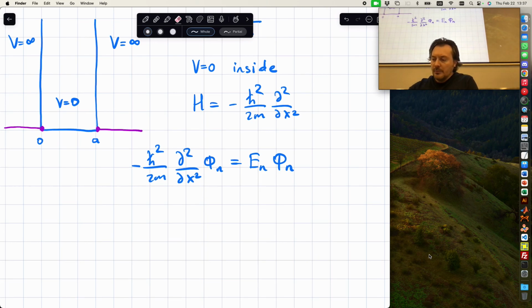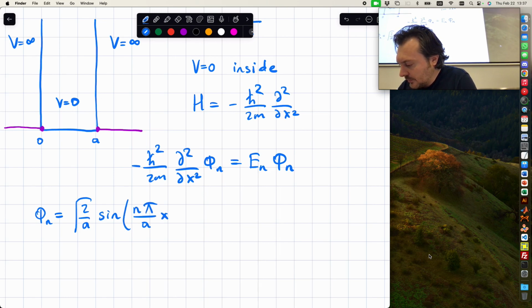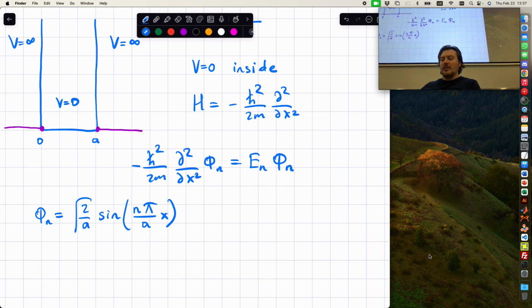If you do the proper algebra, phi n comes out as square root 2 over a. This is so well known that I don't want to bother you with this. Okay? So these are just sine. Why sine? Can anyone tell me? Means it fits the boundary. Yes. So it fits the boundaries, right?